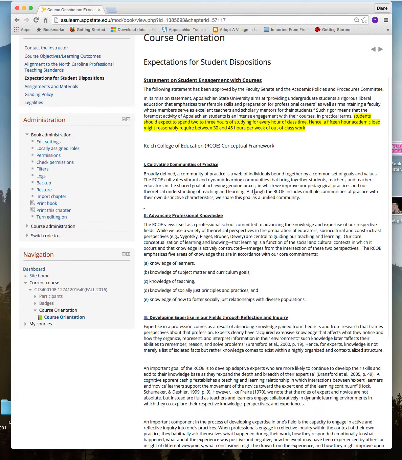The class runs on a community of practice, and that means that any discussions, all those responses for the discussion boards that you have, those need to be professional, and you need to be thoughtful about that. Remember, I'm looking to see how you move that conversation forward.